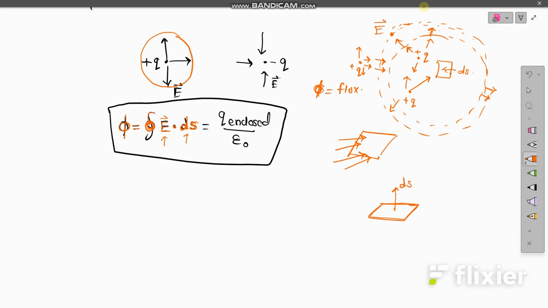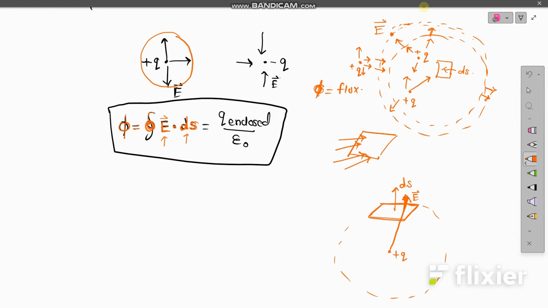And what about this electric field line? The electric field line is also radiating outward this way. Suppose this is the whole sphere and here is your positive charge. The electric field vector or electric field line is radially outward.